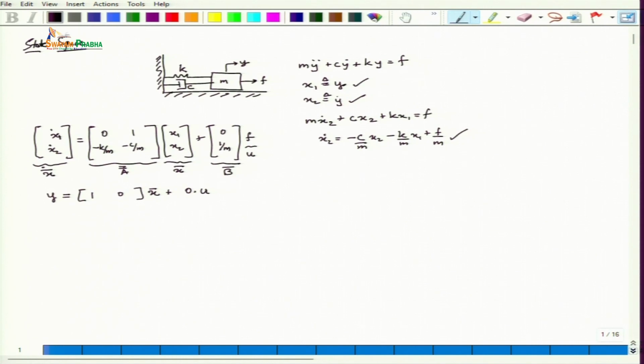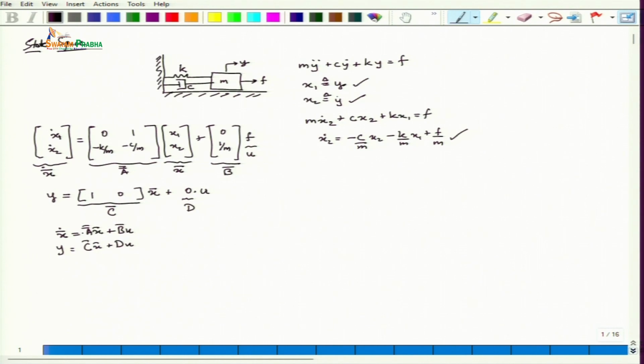So this represents our output equation, and this vector is denoted as C, and this is a constant D. So any state space equation is of the form x dot equals Ax plus Bu, and the output equation is y equals Cx plus Du.